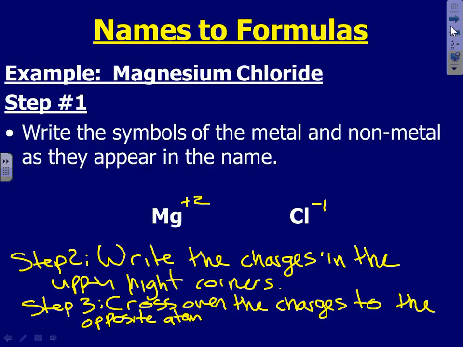And leave off the sign, the positive or negative sign of the charge. Cross over the charges to the opposite atom, leave off the sign of the charge.